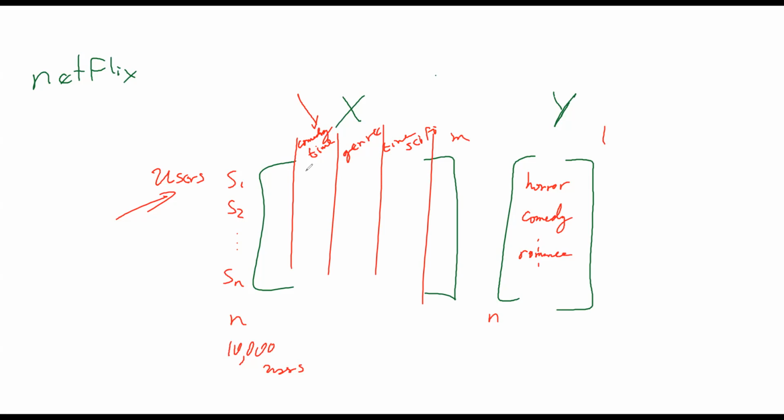So for instance, if these are 0.8, but for user 2, 0.2, 0.2, and I'm generalizing a lot here, but if they watch a lot of comedy and sci-fi, maybe they won't like romance. But if they watch very little comedy and very little sci-fi, maybe they would like romance, right? Yeah, that sounds about right.